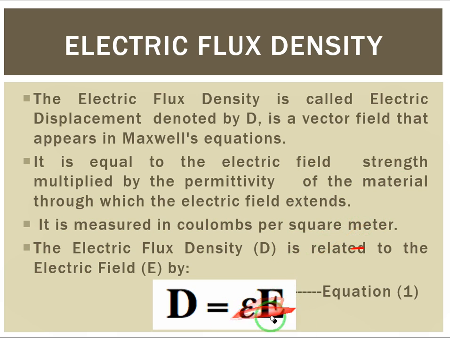If you put in the unit of electric field intensity and solve it, you will get this. So the electric flux density is related to the electric field: it is always equal to the electric field strength multiplied by the permittivity of the material. This equation simply shows that.